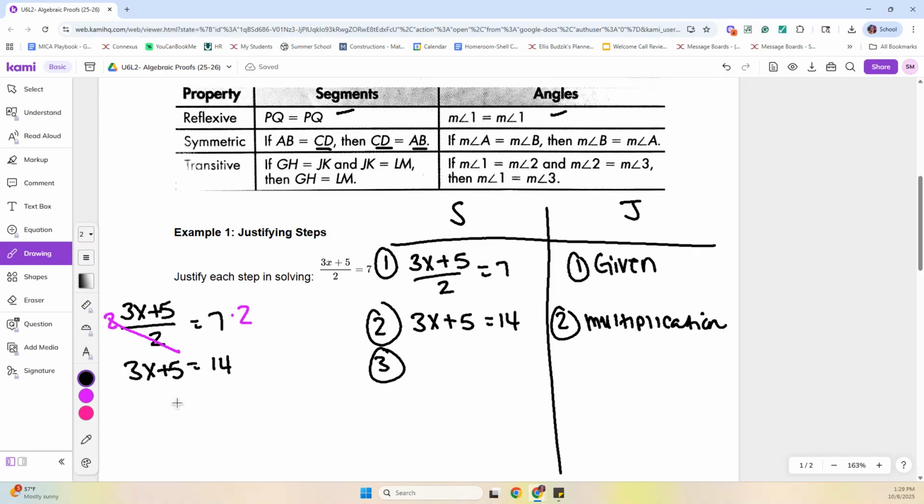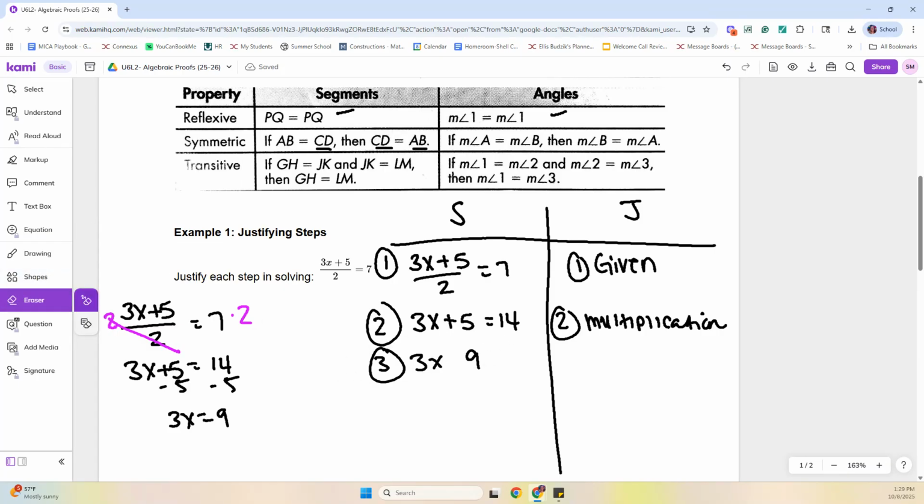Step 3, now what would I do next? Next I would probably subtract 5. I'd be left with 3x equals 9. So that would be my result here. How did I get 3x equals 9? Well, I subtracted.